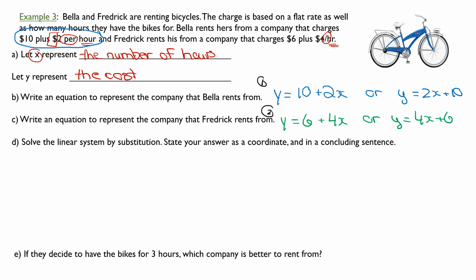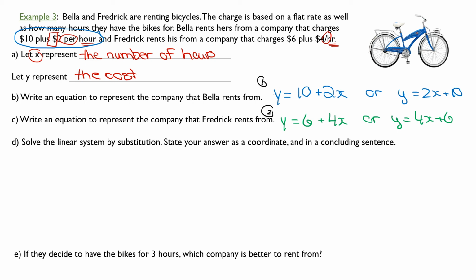Remember your first step. Which variable is easiest to isolate in either equation? Well, as I said before, y is often already isolated, which makes it easier. So you just pick one of the y's, whatever one you like better. They're both already isolated, so it doesn't matter. So I'm going to pick the first one. This y is already isolated. So the rule is: sub the other side of the isolated term into the other equation for y.